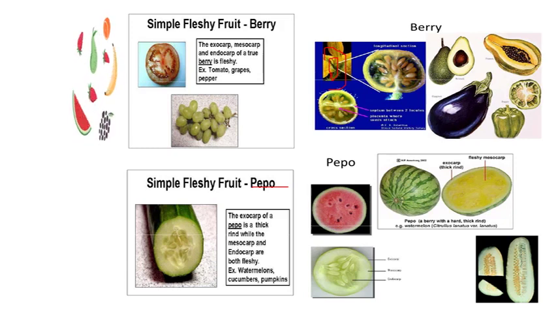Its outer covering is pericarp, and the inner fleshy part is formed by the fusion of meso- and endocarp, similar to berry, which contains many seeds. So here we have an example of cucumber. Here the mesocarp and endocarp combine to form a fleshy part, while the epicarp forms the thick layer outside this.